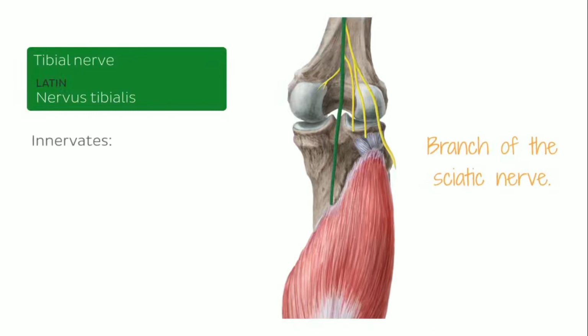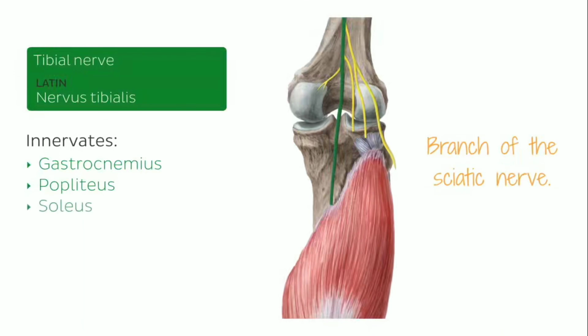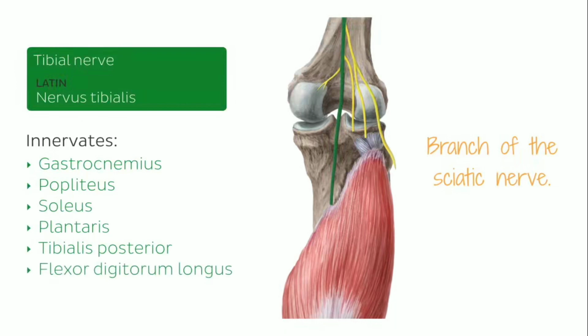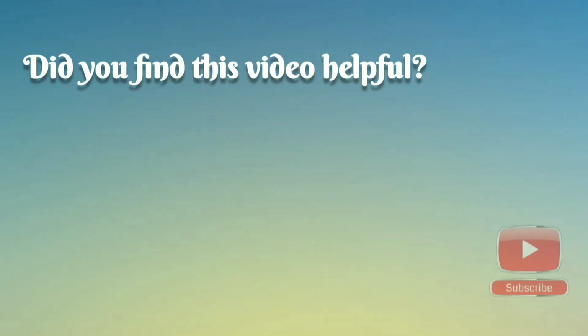This nerve is going to be innervating several muscles, including the gastrocnemius, the popliteus, the soleus, the plantaris, the tibialis posterior, the flexor digitorum longus, and the flexor hallucis longus. So a lot of muscles being innervated by this important nerve of the lower leg, the tibial nerve.